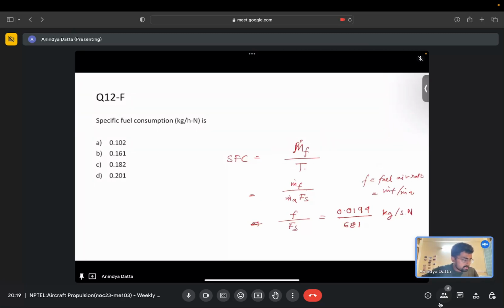We want the answer in hours, so we have to multiply this by 3600: 0.0194 by 681 into 3600. This is kg per hour Newton. And the answer that we'll get finally is 0.012 kg per hour Newton, the option A.